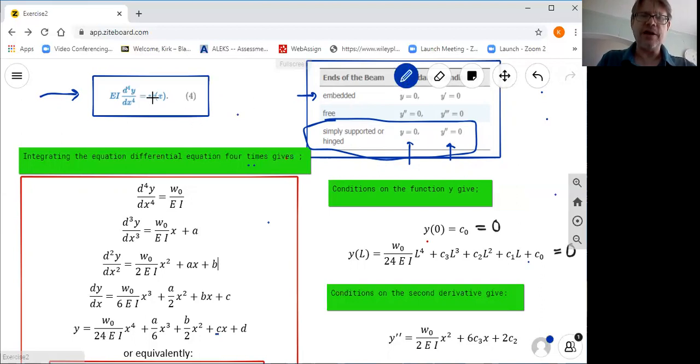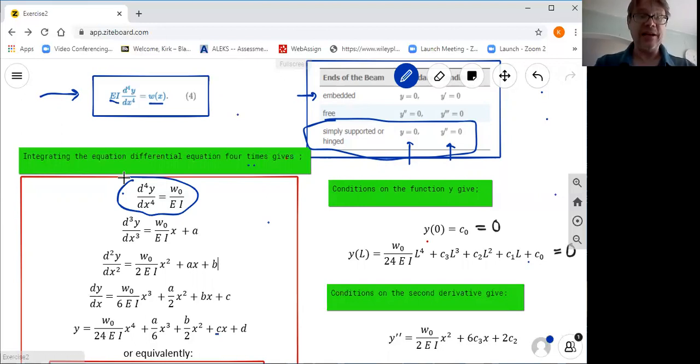Yes, our 4th derivative is just a constant. If we solve equation 4 for the 4th derivative of y, it's equal to the constant w sub 0, because remember, our load function was constant here. It's w sub 0 divided by EI. That's going to be the expression for the 4th derivative. And Carnegie Mellon Bear, you're exactly right. If that's a constant, we can just anti-differentiate it to get the 3rd derivative.